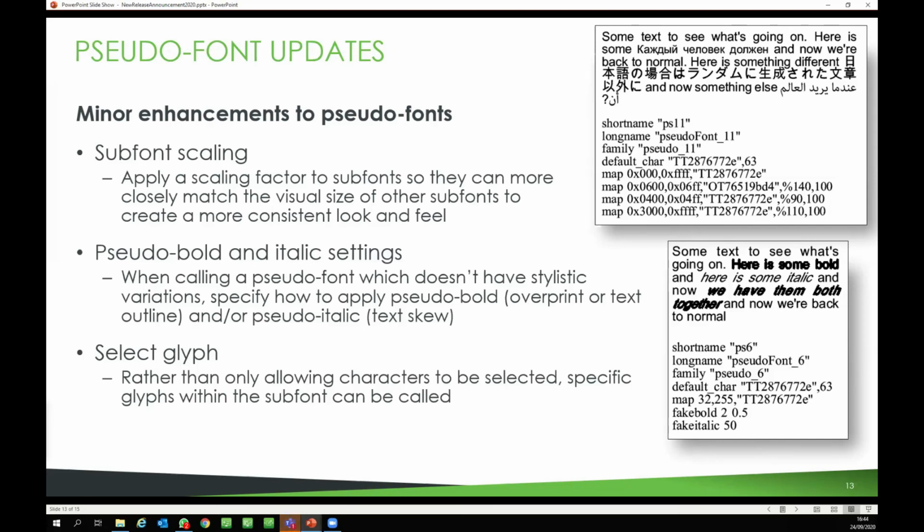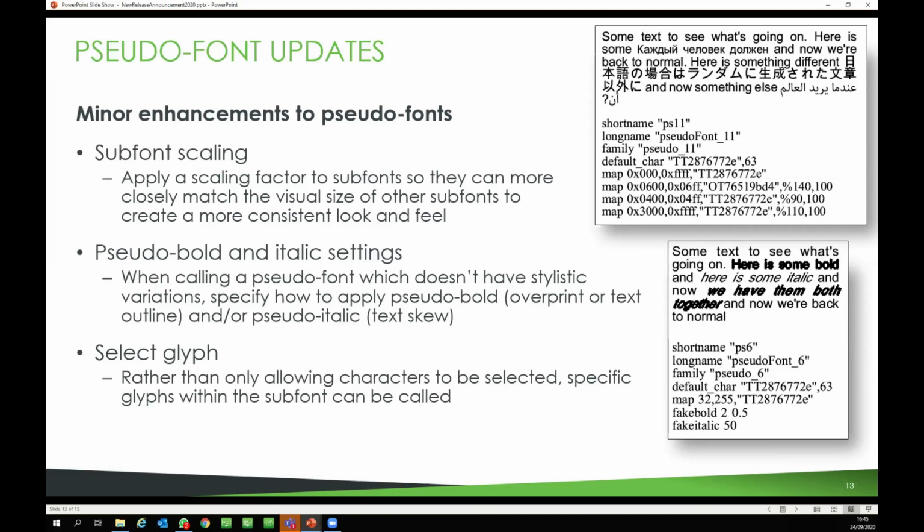So if you don't have a bold version or you don't have an italic version, now you can tell APP how to fake it. Okay, so you can say, I want my fake bold to be overprinted by this much, or I want my fake bold to use an outline that's this thick, or you can say that I want my fake italic to be askew of this angle. So that can be defined in your pseudo font now. Okay, so that's a cool thing.